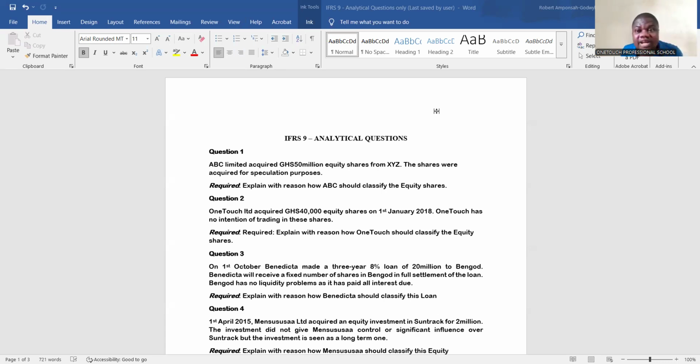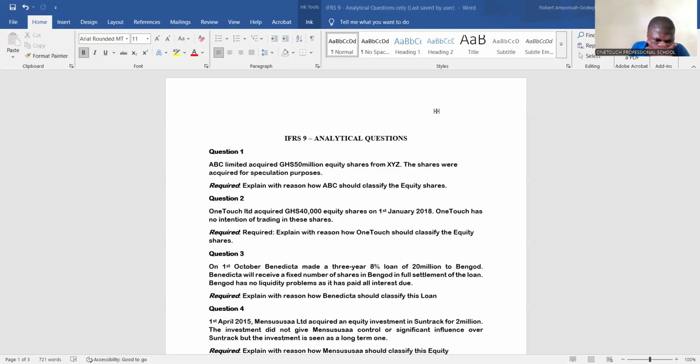Because for some of these financial instrument questions, I would prefer the requirement to be explain and show. Explain and what? Show. So the explanation is about the recognition criteria, and the show is the extract. Let's go to question 3.